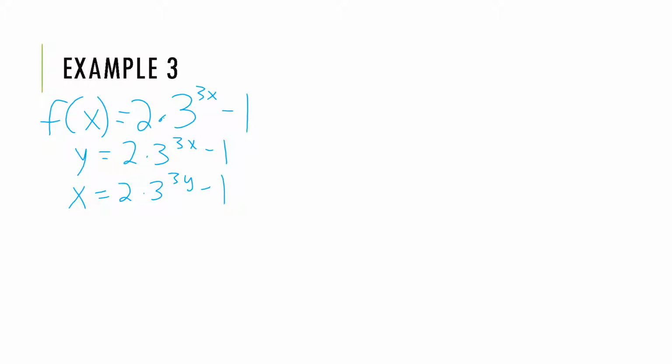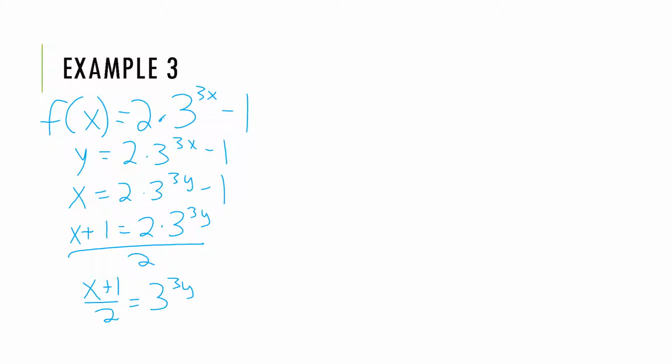Then, just like we did in the last problem, we want to isolate the y, so we will add 1 to both sides and get x plus 1 equals 2 times 3 to the 3y power. And then we are going to divide the entire thing by 2, and that will give us x plus 1 divided by 2 equals 3 to the 3y power.